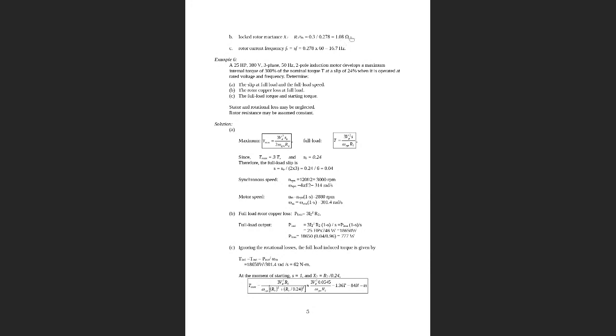So 1 ohm is, of course, much larger than the 0.3 ohm resistance. And also the rotor current frequency is the slip times the frequency of the stator current. At the breakdown point, with the slip we calculated, the frequency of the current induced on the rotor is about 16.7 Hertz, which is different from the current frequency applied on the stator.